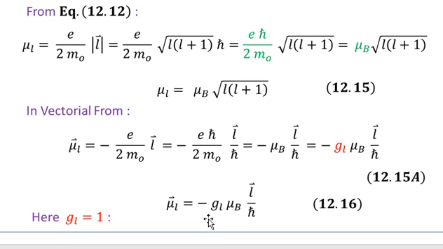So that's why we have kept GL over here in the definition given by equation number 16. So this is another quantity that will be helpful in the analysis of the spectrum or in the analysis of spectroscopy. So you see that the quantities defined in equation number 15 and equation number 16 are very important for us.